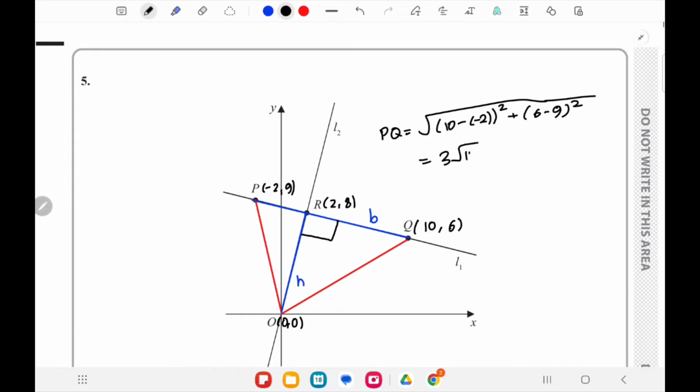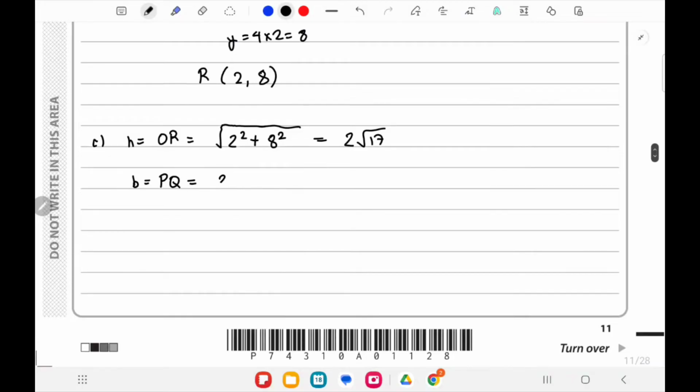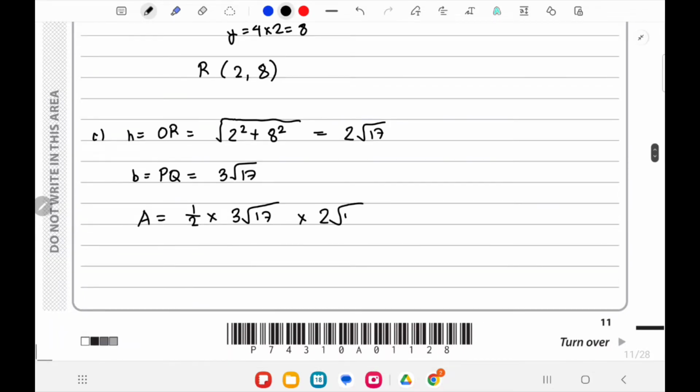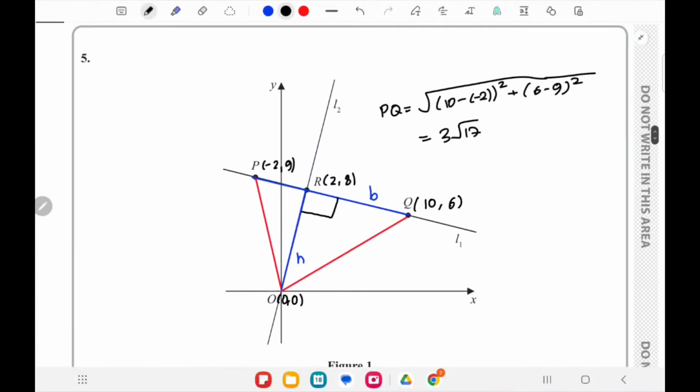We'll get 3 root 17. So PQ would be 3 root 17. So the area of the triangle will be half into base 3 root 17 and height 2 root 17. So we'll get 51 units square. That's it for question 5.